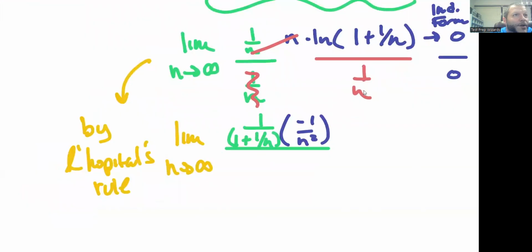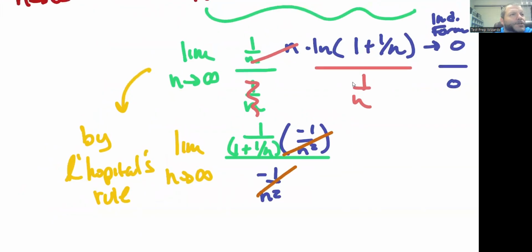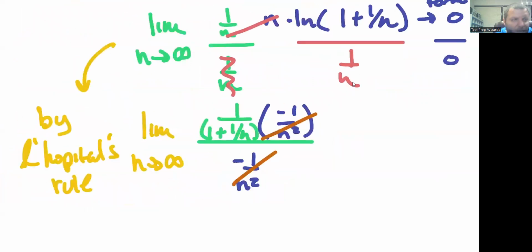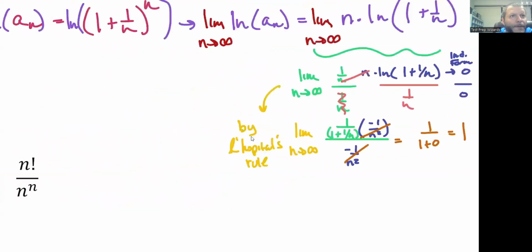The derivative of 1 over n in the denominator here is also negative 1 over n squared. Notice that these two terms now cancel out. So we're left with the limit of 1 over (1 plus 1 over n). Well, as n goes off towards infinity, this is going to be 1 over 1 plus something that's approaching 0. So this is going to approach 1.